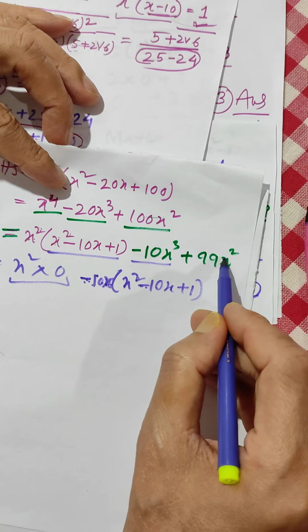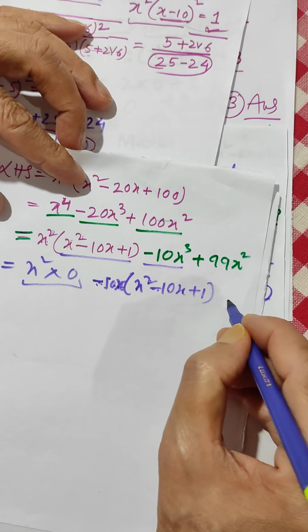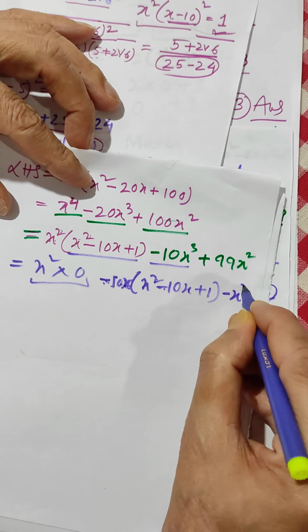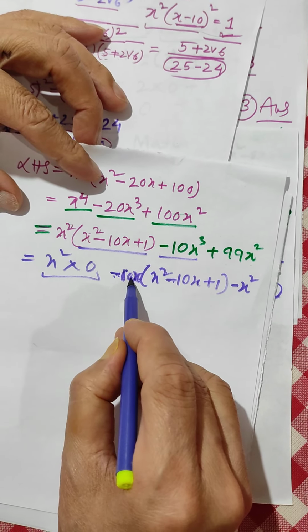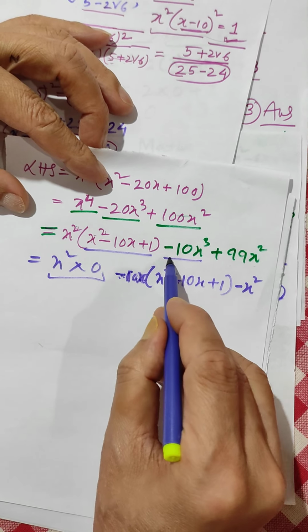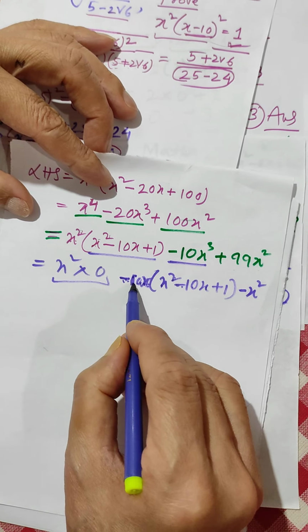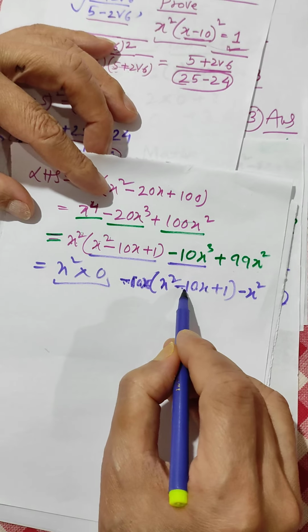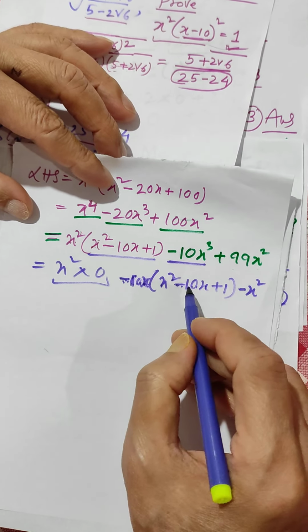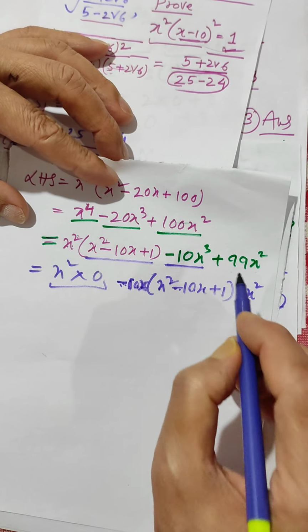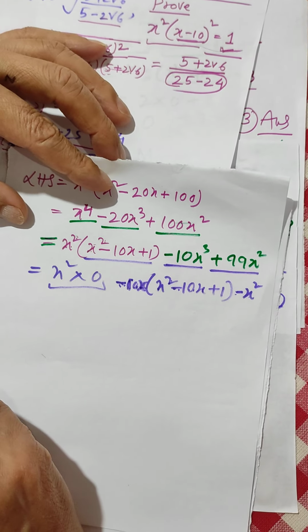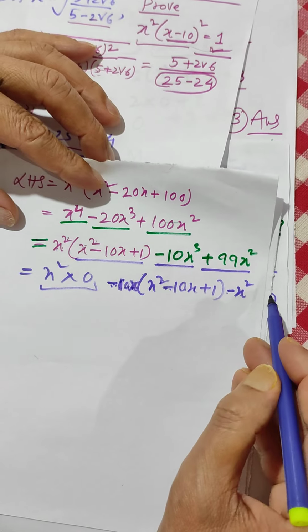But this is plus 99x square, therefore we should write minus x square. So minus 10x into minus 10x is plus 100x square, and plus 100x square minus x square is plus 99x square. So now this step becomes equal to this. Okay.